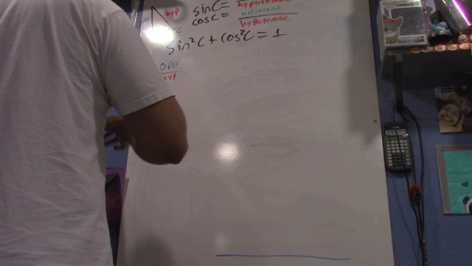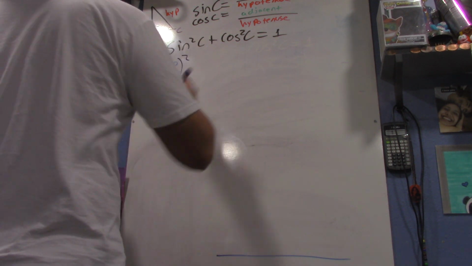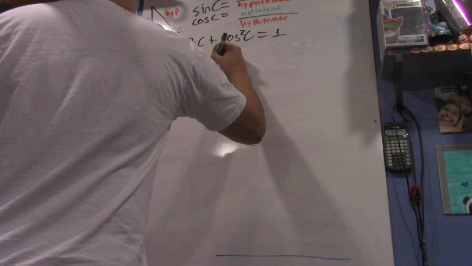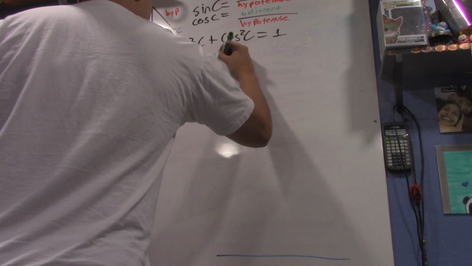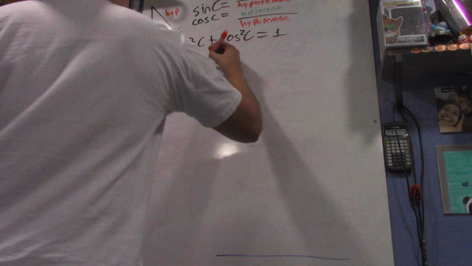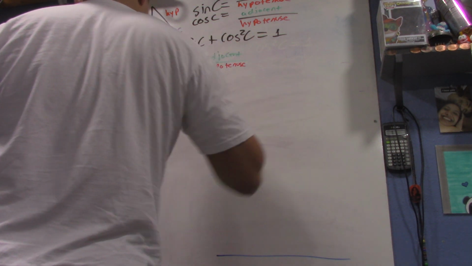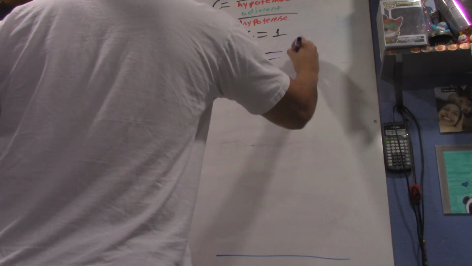Quantity squared, plus the adjacent divided by the hypotenuse, quantity squared. This will always equal 1.